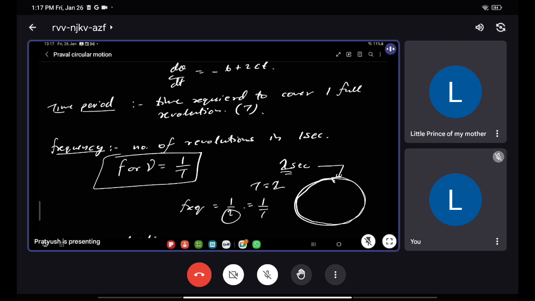Number of revolutions per second is the SI unit, and it is called hertz. Number of revolutions per minute will be called RPM, rotations per minute.